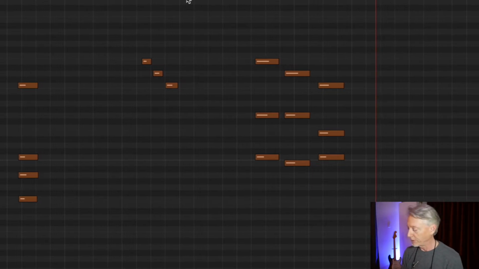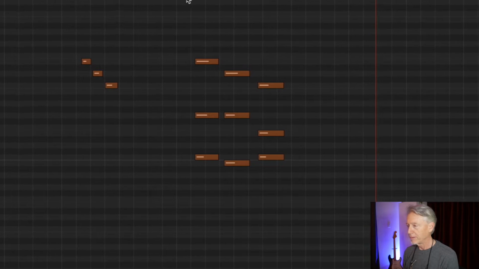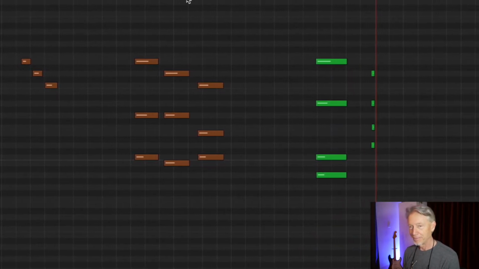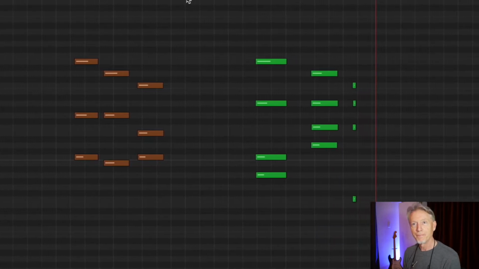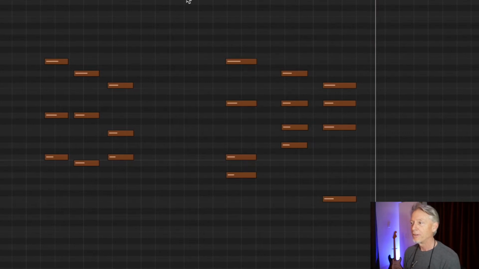Here's another solution. A minor, this will be pretty. D minor, F. Fifth of the chord, root of the chord, fifth of the chord.